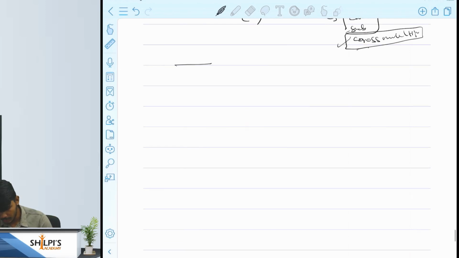So what is our conclusion? Our fourth step is to find the corner points.